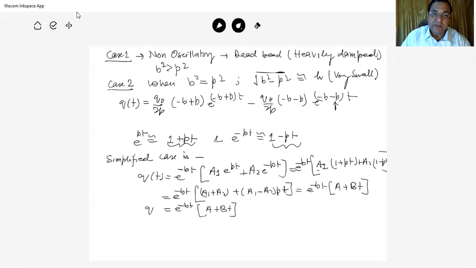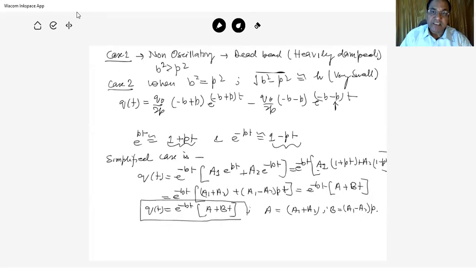This is Q(t), where A is equal to A1 plus A2 और B is equal to A1 minus A2 into P, ये इतने कांस्टेंट. तो इससे हमें फायदा क्या हुआ कि हमारे पास ये एक सिंप्लीफाइड इक्वेशन आ गया चार्ज का.